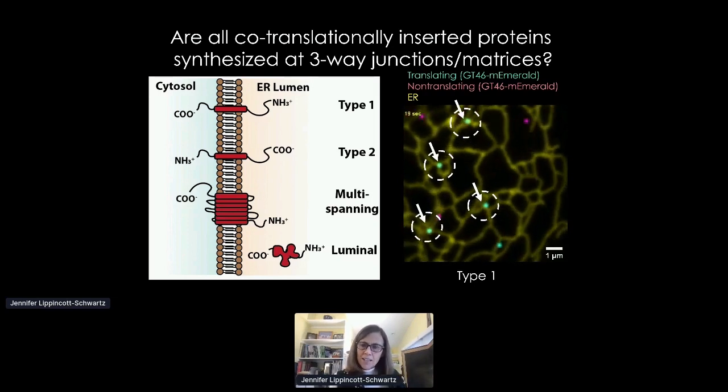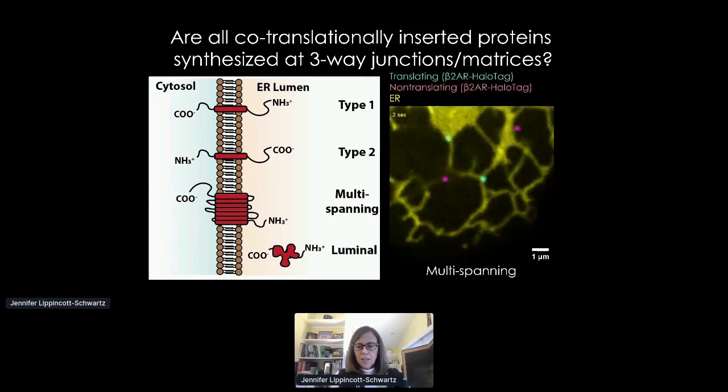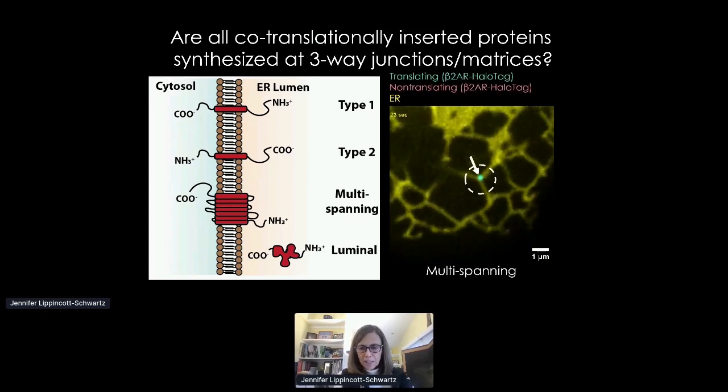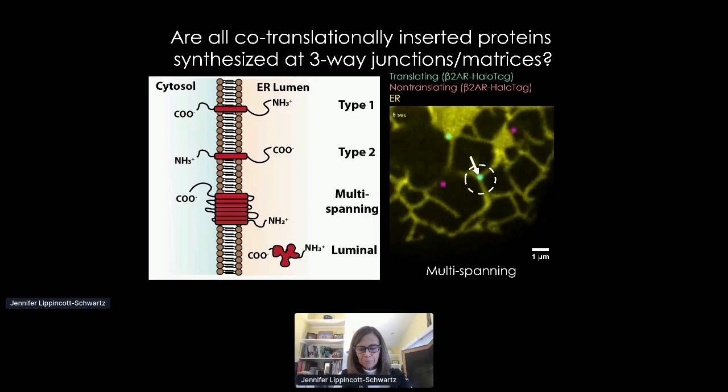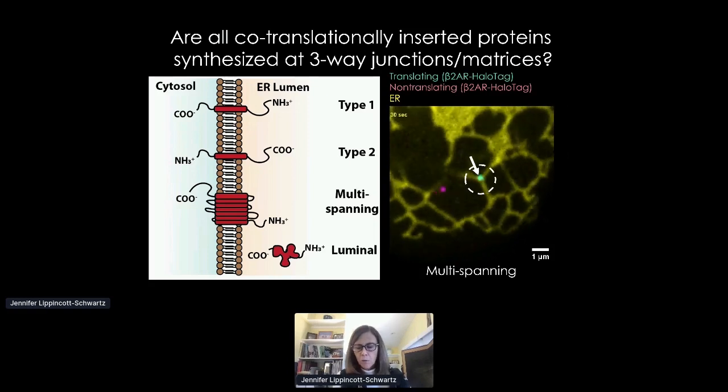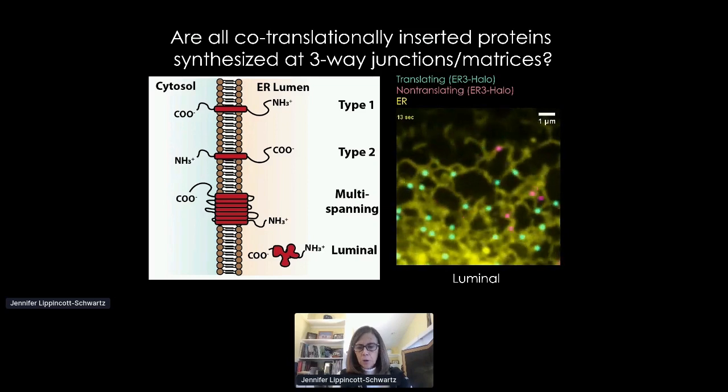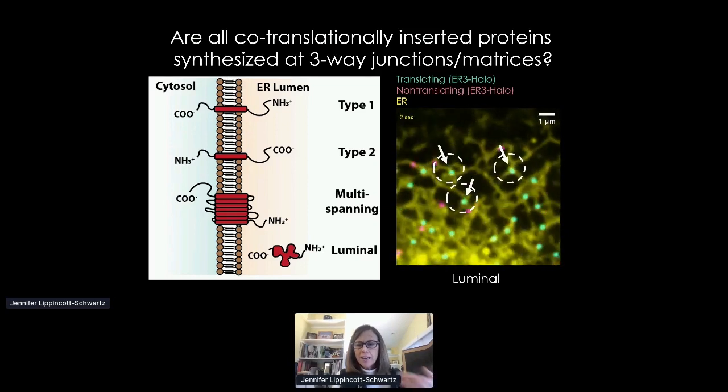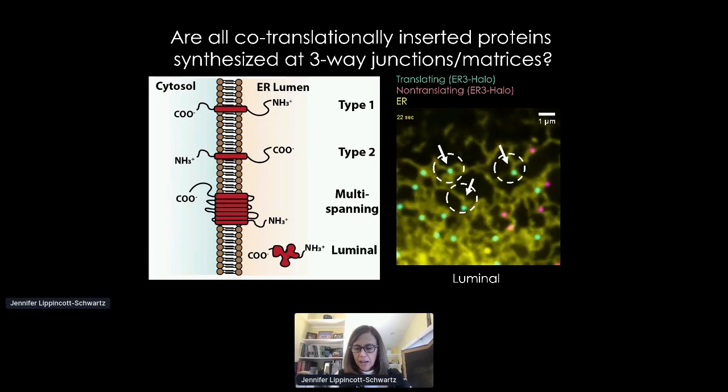And what you can see is that its translating pool, which is immobile, is primarily at these three-way junctions, as is an mRNA coding for a multi-spanning protein, as is one for a luminal protein, which is going to be secreted as a soluble marker out of these cells ultimately.